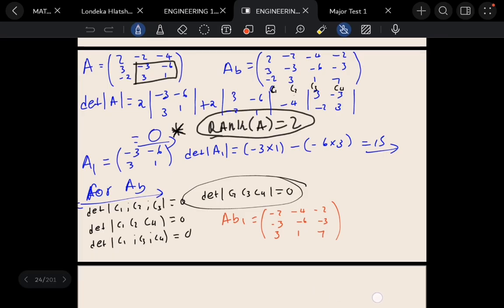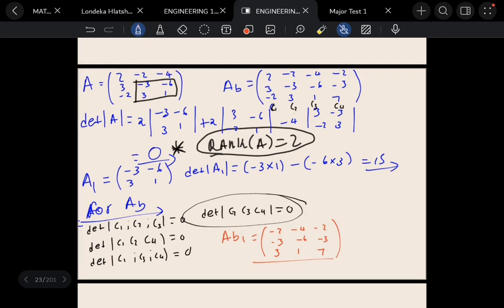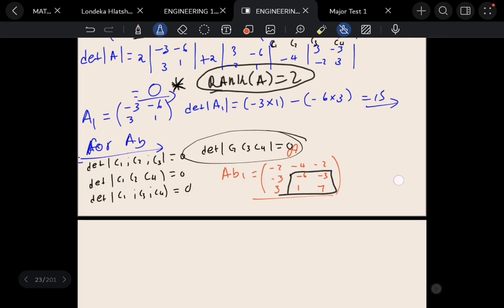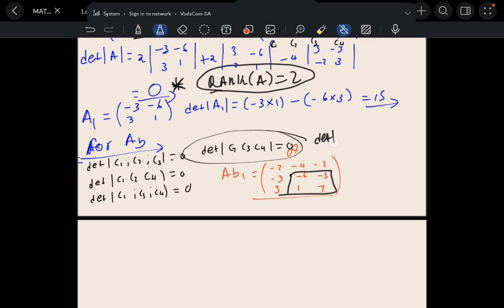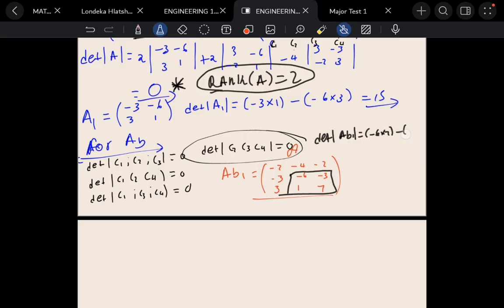If you find the determinant of this matrix, it's going to be 0 automatically. But you can just find a sub-matrix here that gives you a number. I'll try that one. So the determinant of AB1 is going to be -6 times 7 minus 1 times -3.